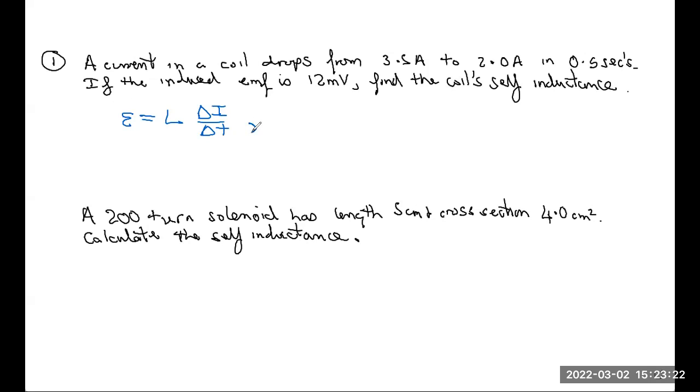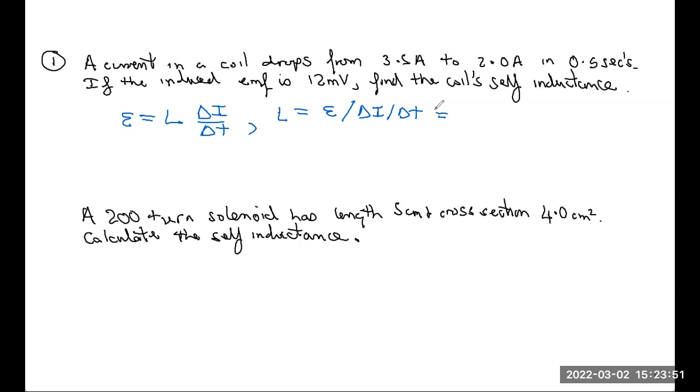Now in this problem, we know both the cause, the changing current, and we know the result, the induced EMF. We just have to rearrange this equation for the self-inductance, L. And so the self-inductance L is just the induced EMF divided by the time rate of change of the current.